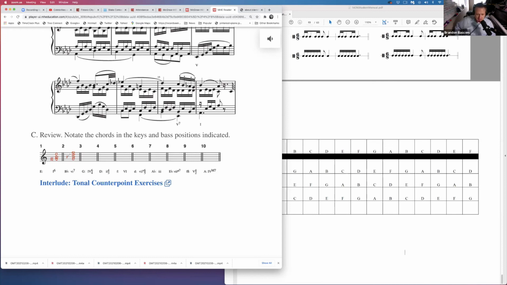All right, let's do number 9 because it looks nasty. Number 9. Let's not do number 9. Let's do number 6. So we need a 7 diminished chord in first inversion. What's it going to be? C sharp on bottom.